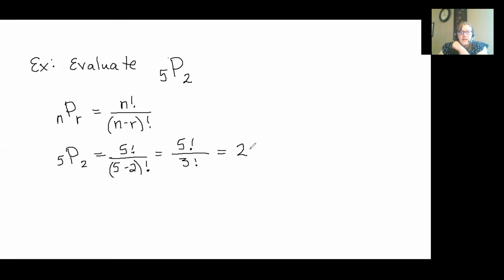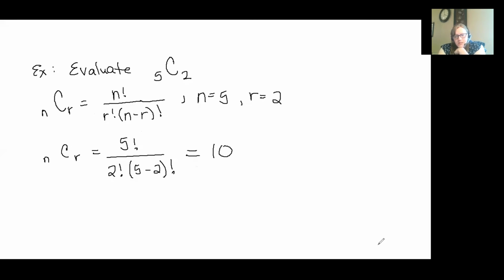So as you can see here, the number of permutations is 20. And the number of combinations was 10. So which type of equation you're using does matter.